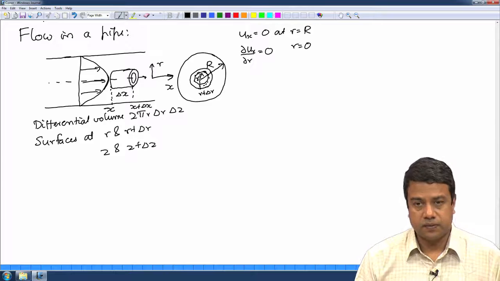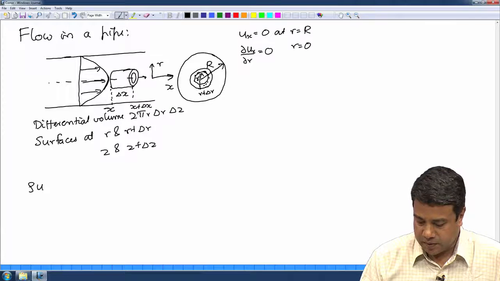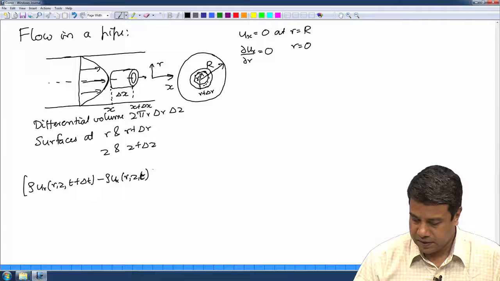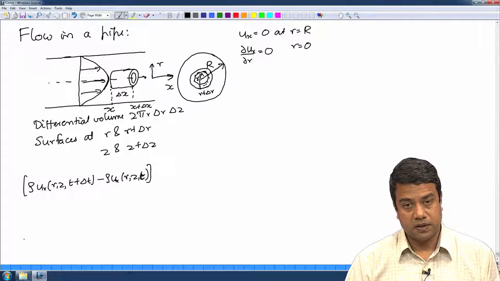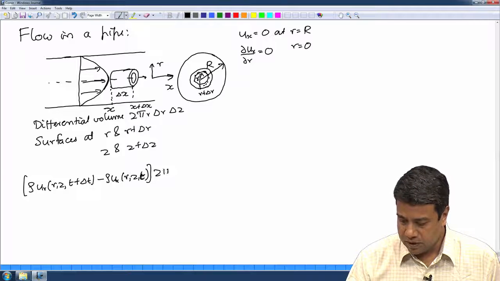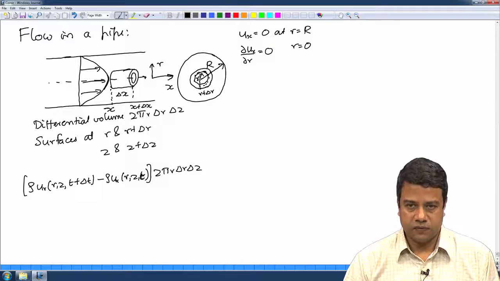The rate of change of momentum, that is the change in momentum at t plus delta t minus the momentum at t, times the volume, 2 pi r delta z, is equal to the sum of forces.